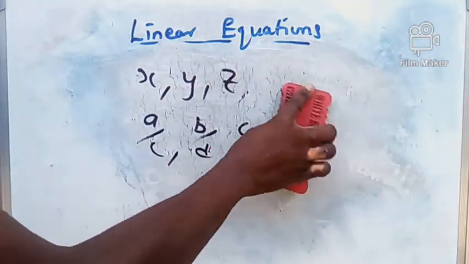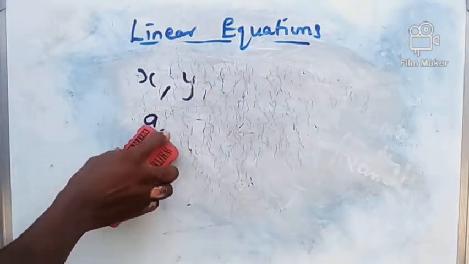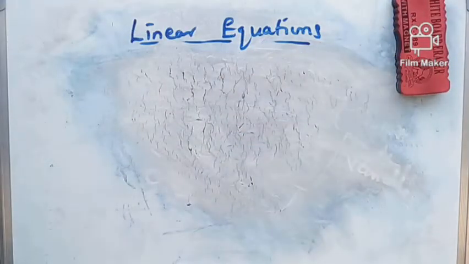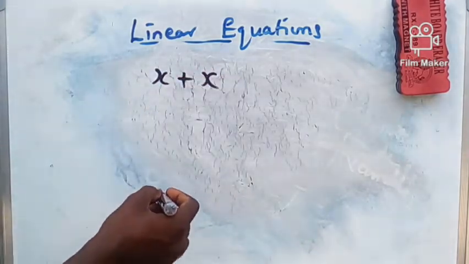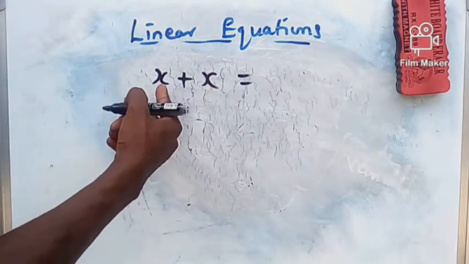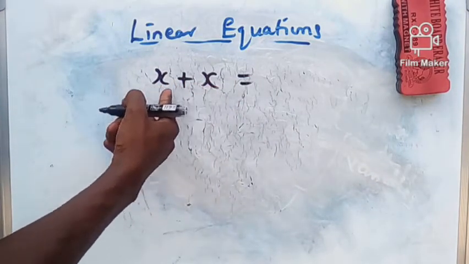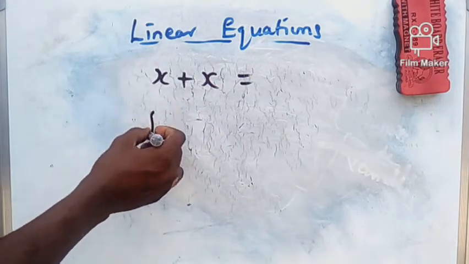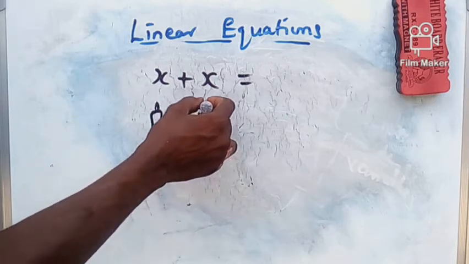Now, just as we do in the case of constants, variables can be added, subtracted, multiplied, and divided, as the case may be. We can add x plus x. When we add x plus x, because we are adding the same variable, it is like saying if I have one bottle and another bottle, how many bottles do I have?